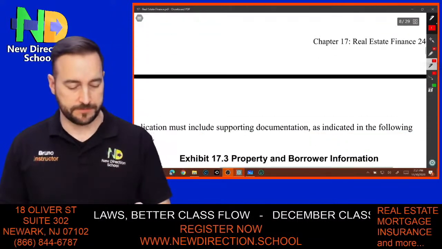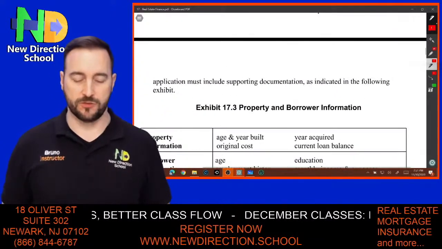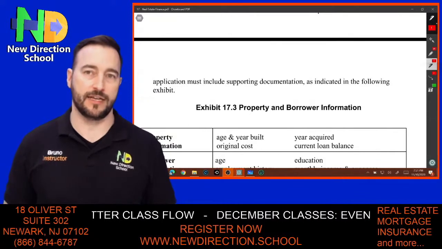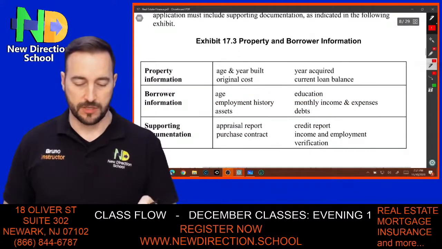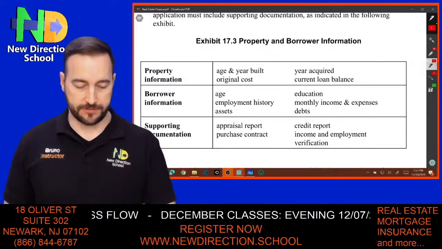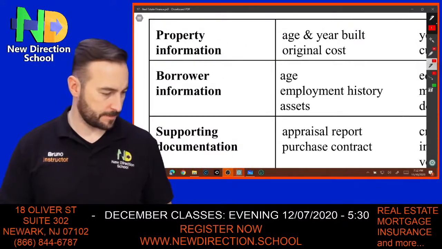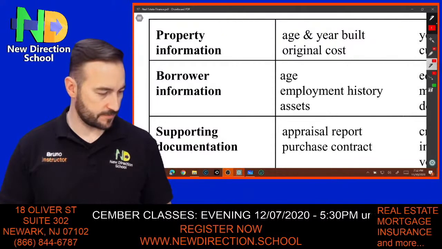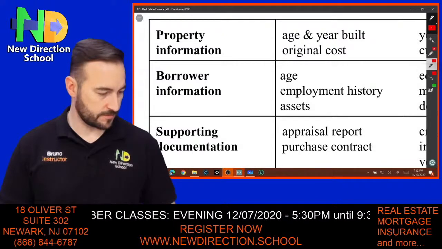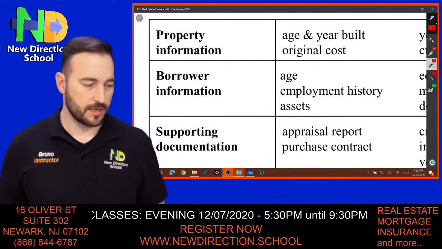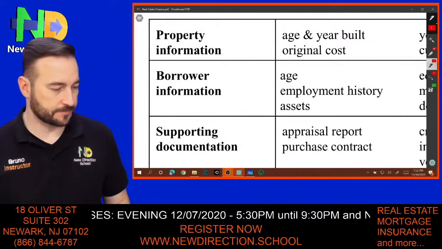In addition, the application must include the supporting documentation as indicated in the following exhibit. So, property and borrower information.